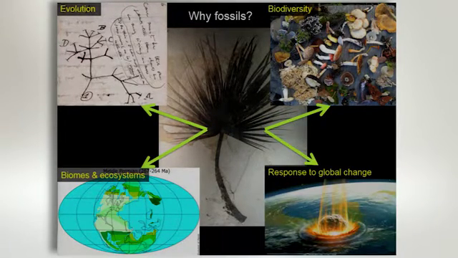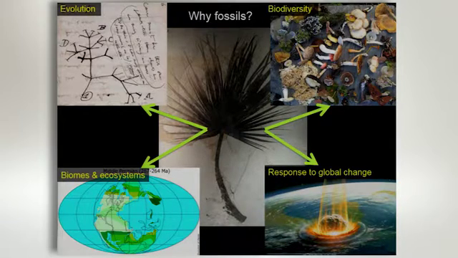And then we can understand how both individual lineages and biomes and ecosystems respond to global change over geologic time, which is becoming, I think, quite important as we move into an era of global climate change with anthropogenic warming. In order to predict what's going to happen in the future, this is what's going to tell us what's happened in the past and how plants and ecosystems have dealt with these kinds of changes in the past, right?